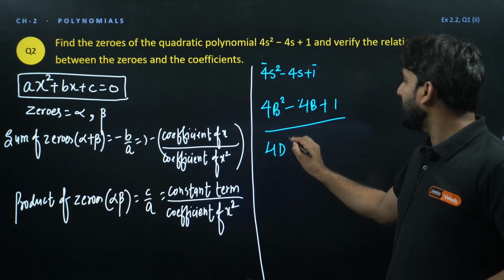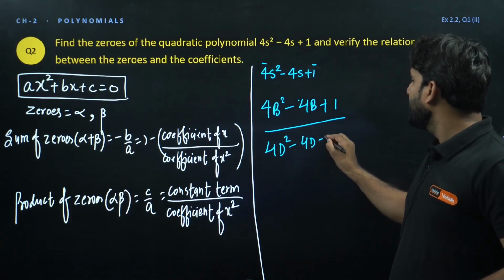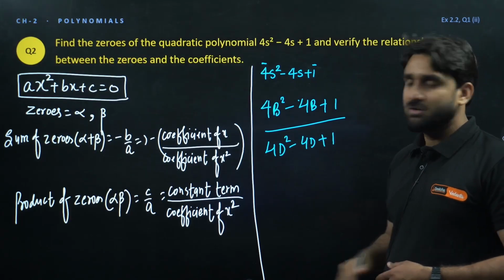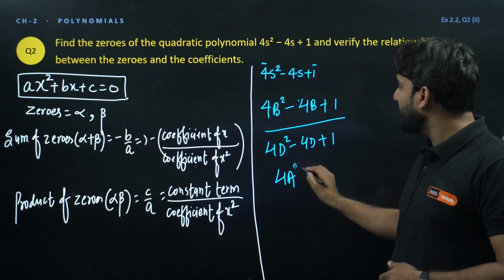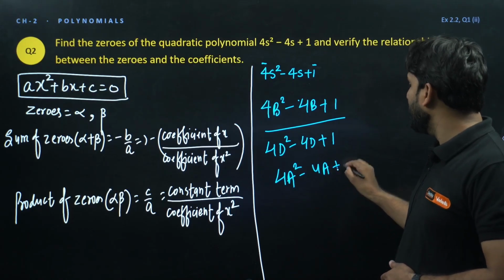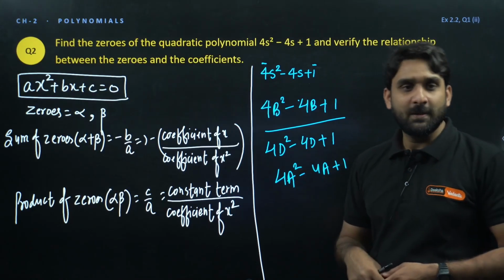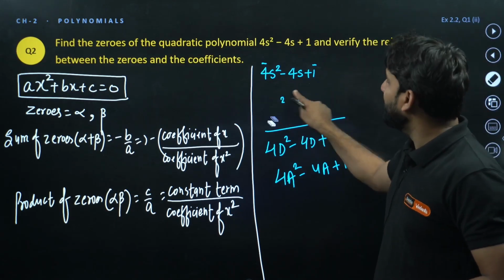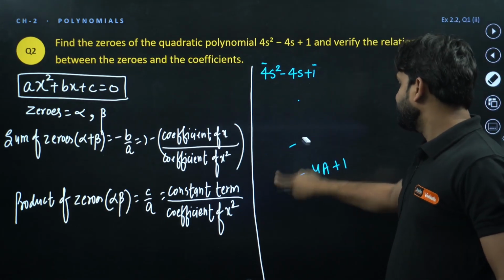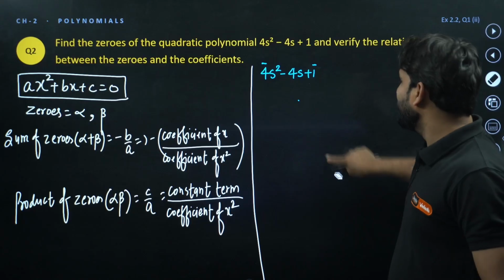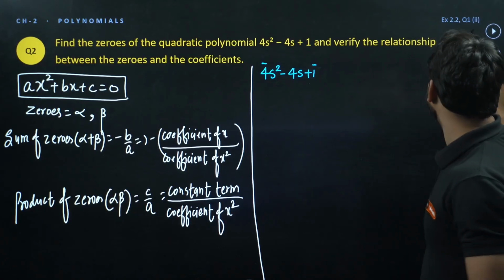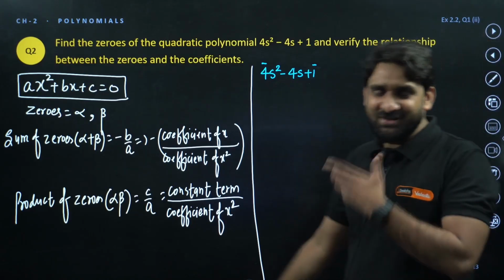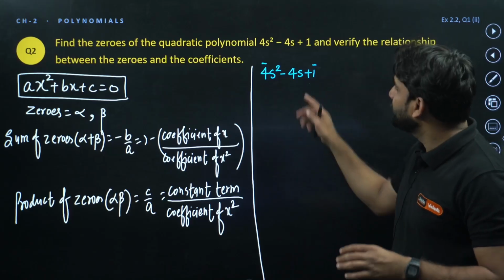Similarly 4 Delhi square minus 4 Delhi plus 1, or 4 Australia square minus 4 Australia plus 1, these are also quadratic polynomials. So a quadratic polynomial can be in the form of any variable. But don't say, sir, Australia is fixed; the variable changes. I'm just taking an example.